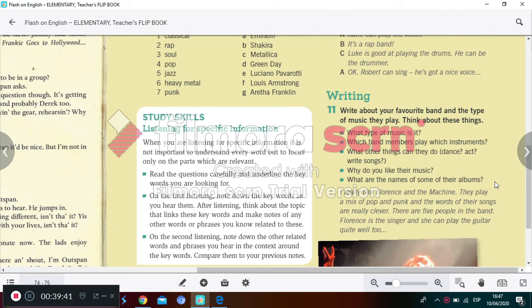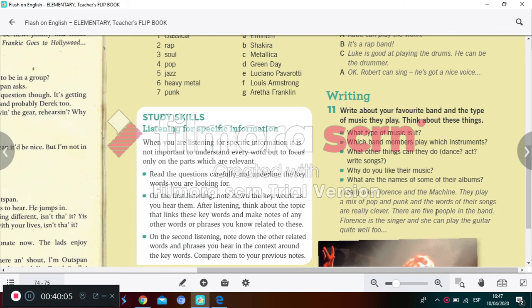Okay. Here you have a model. Here you have an example. For example, I really like Florence and the Machine. They play a mix of pop and punk, and the words of their songs are really clever, really smart, really intelligent.